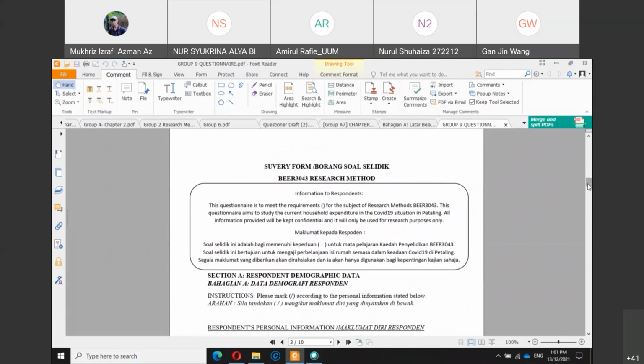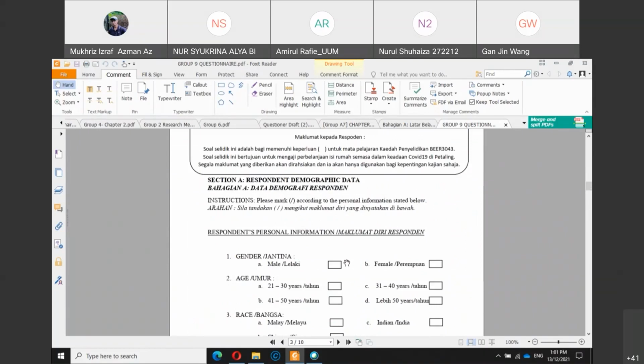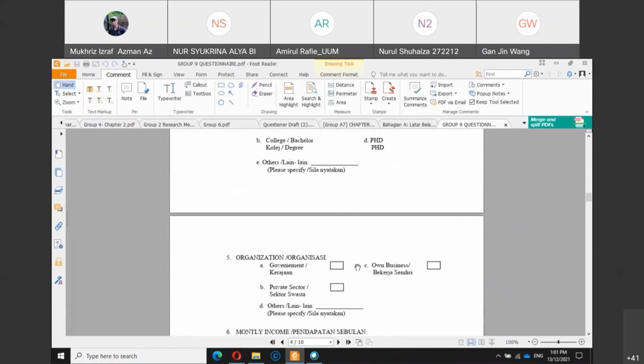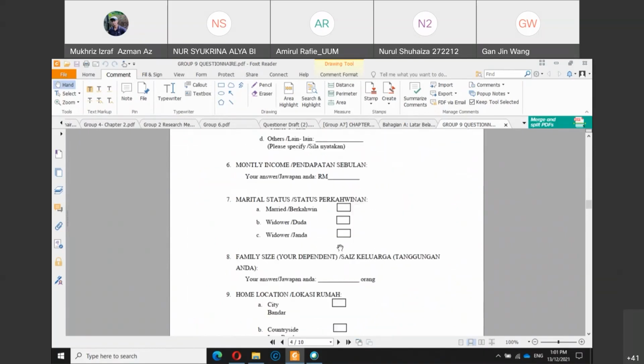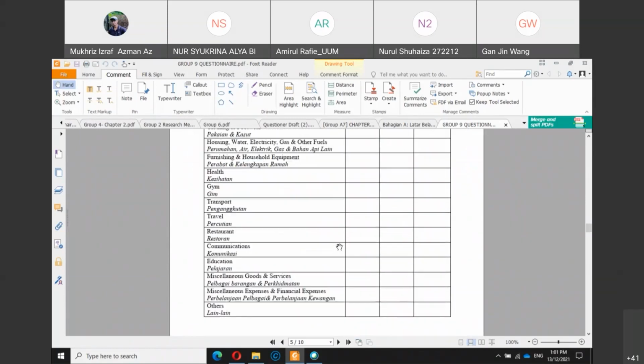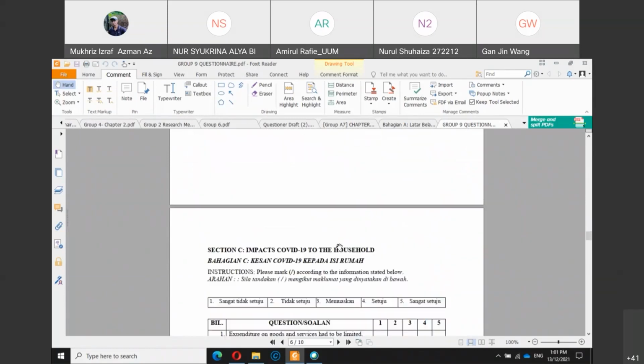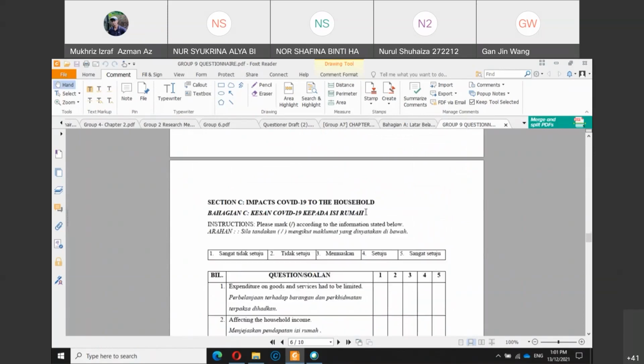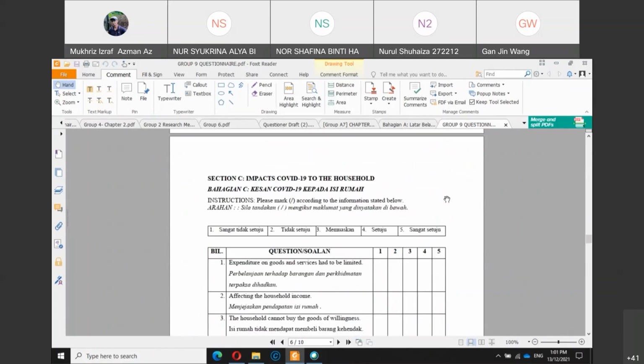So Petaling ni, you dah dapat dah jumlah populasi Petaling, Selangor? Dapat, sir. You all fokus apa? B40 ke apa? Ke semua sekali? B40, M40, T20 semua? Household dekat Petaling untuk semua kategori.